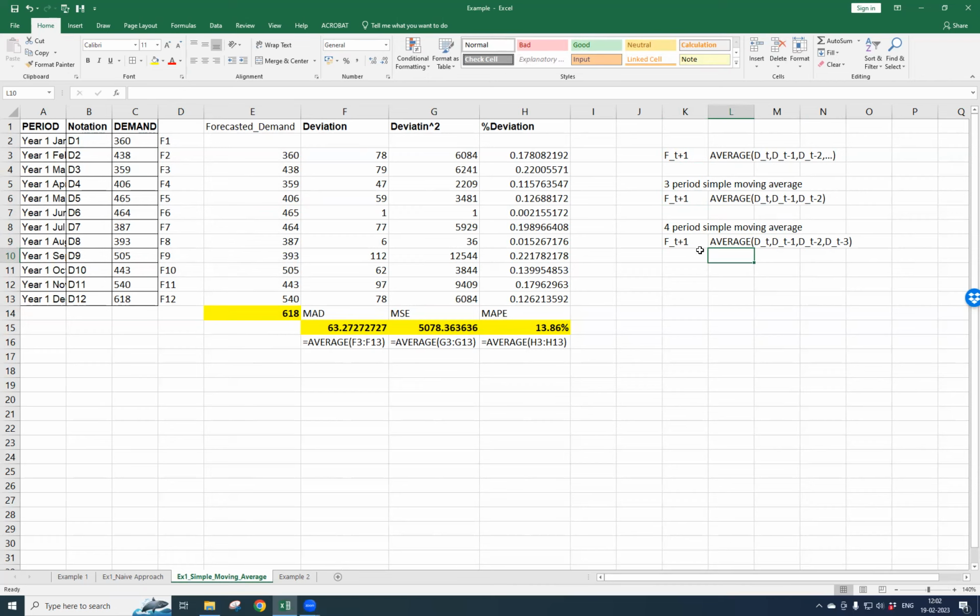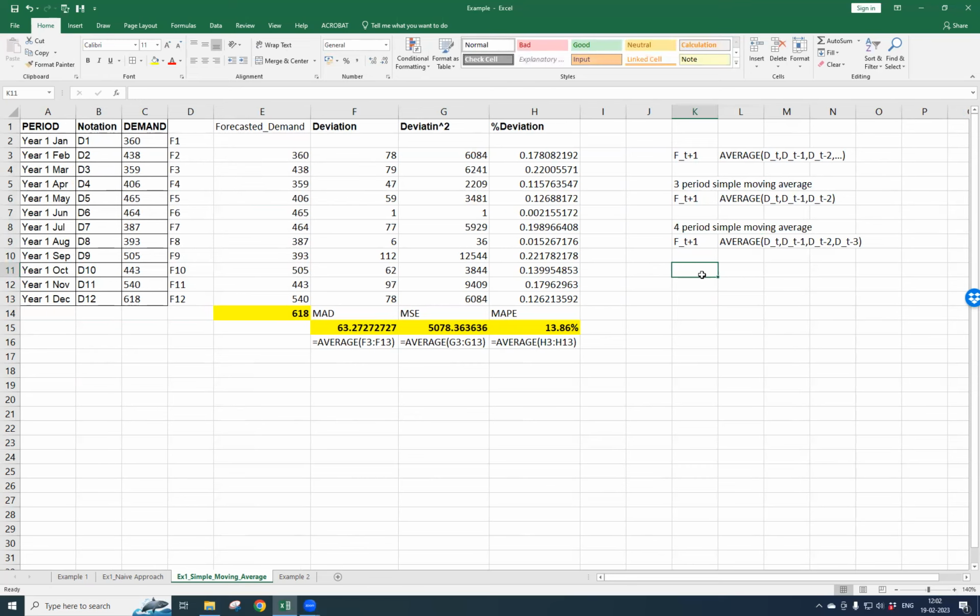You can also try out a 4-period simple moving average like what we have done over here. Now, let's say I'm talking about 3-period simple moving average. By this particular logic, if we have to calculate F1, F2, F3, using our D1, D2, D3 values, let me start with F1, right?